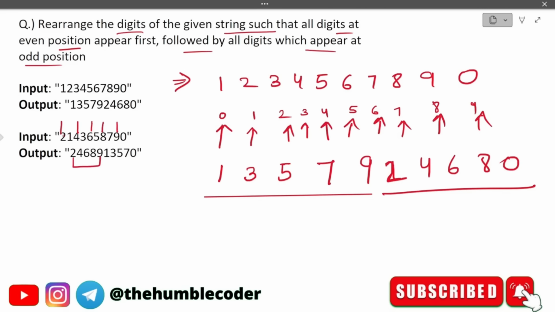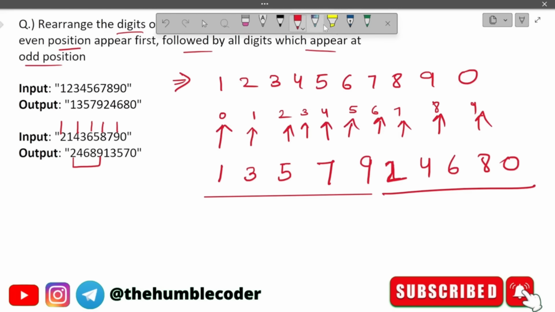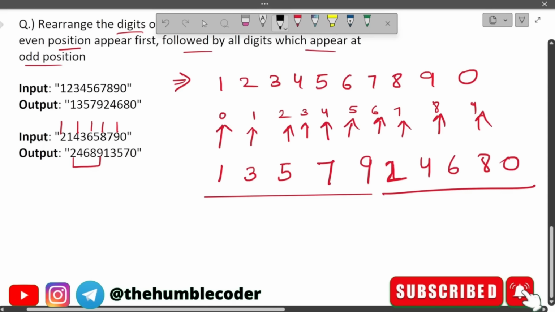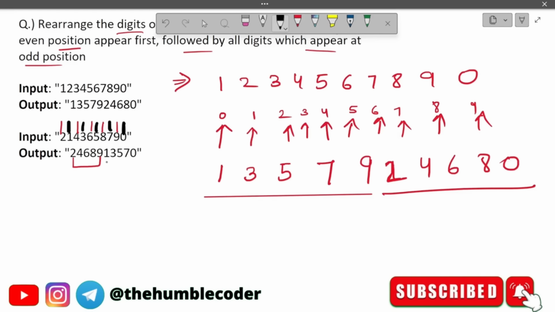You don't have to check whether the digits are even or not, you have to check their position, whether it is even or odd. Right now whichever I have marked are all the ones on even positions. Now let me use another ink, and then we will see the ones on odd positions. So this one, 1, 3, 5, 7, 0, these ones are on the odd positions. So in this way our final output will be this.